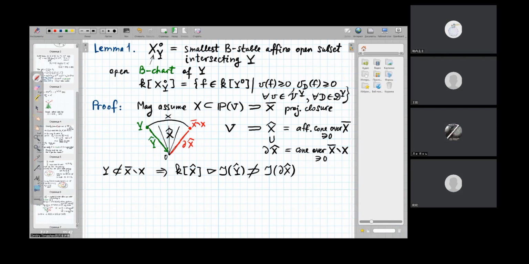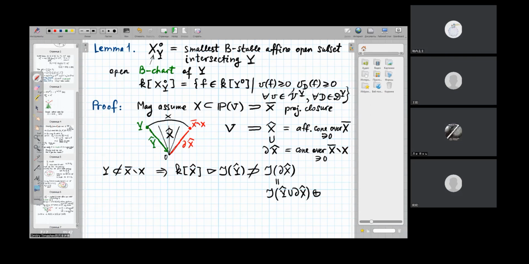So this means that we may decompose the vanishing ideal of the boundary cone ∂X hat as the direct sum of the intersection of these two ideals. So this would be the vanishing ideal of the union Y and ∂X hat.